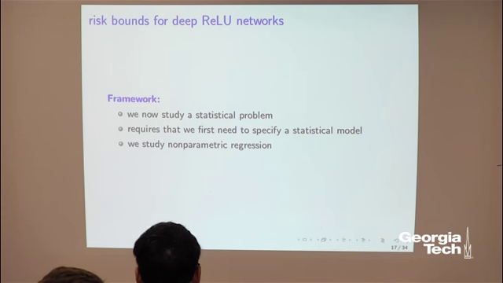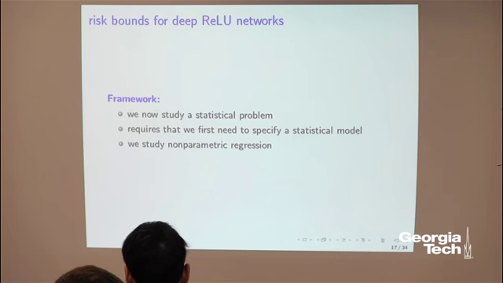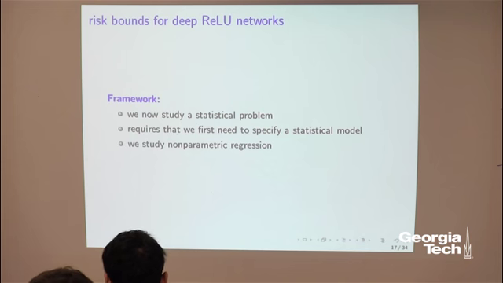But my argument is that maybe it works for complex data structures very well, but it should also work for simpler models, because if it doesn't, then there's something wrong. This is a sort of sanity check that it can also do the classical statistical problems in a good way.